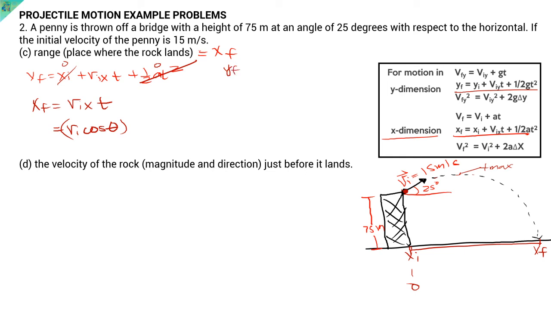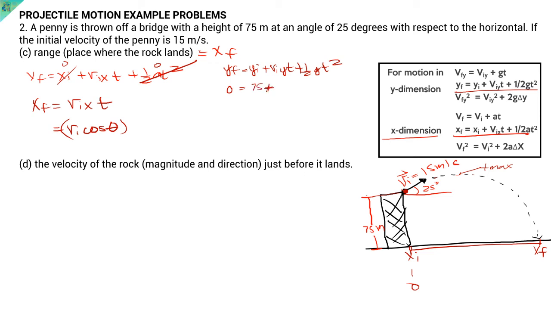So that's yf is equal to yi plus viyt plus 1/2 gt squared. Finding out if there are parts here that we can equate to 0. Our final position in terms of the whole story here is 0. Our yi won't be 0. Our initial position is this one, which is 75.